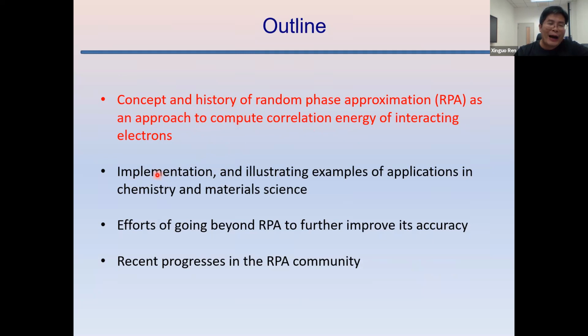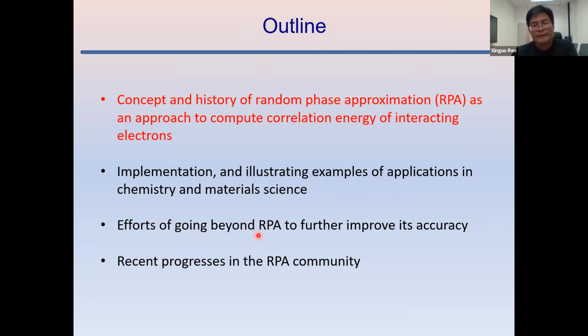In the second part, I will talk about how RPA is implemented in a first principles code, and especially how it's implemented in FHI-aims. Then I will present some examples of its application in chemistry and materials science, to give you an idea in what situations this method might be useful.